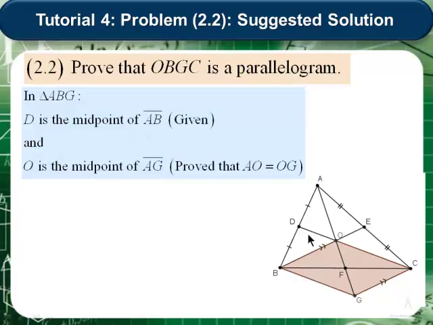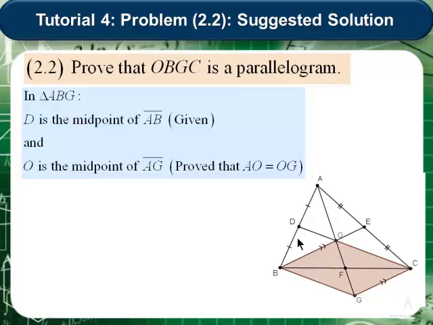Now, what do we know? We know in triangle ABG that D is the midpoint of AB, and we proved in the first part that O is the midpoint of AG, because we have proved that AO is equal to OG. So D and O are the midpoints.